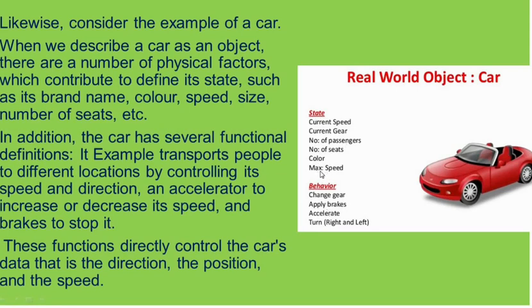If you increase the speed, the data will change, yes or no? If you change the gear, and if you apply the accelerator, that means if you change this behavior, there will be a change in the speed of the car, right? So these functions control the car's data, or the state of the car, like the direction, the speed and different things.